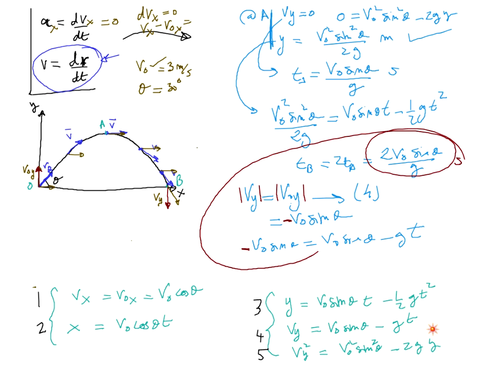Now, there is a third method. Is there any other equation we could use to figure out the time to get to B? Is there any other equation that has time? Yeah, of course, 3. Excellent.